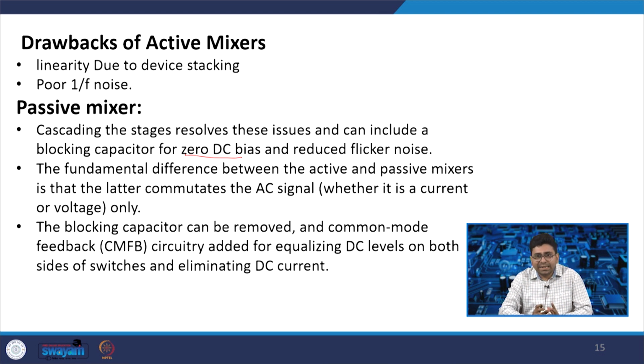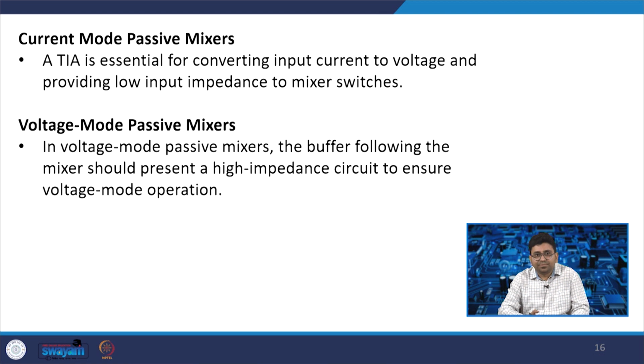You can also remove the blocking capacitor by using better common mode feedback circuitry for equalizing the DC levels on both sides of the switch, and it will also eliminate the DC current. So this is how the passive mixer evolved.